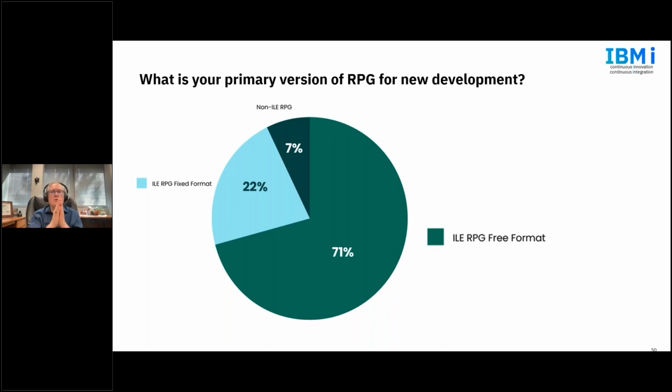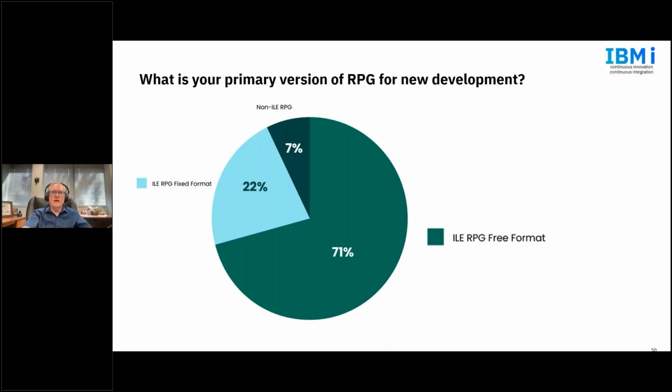So if we're going to help customers hire people and use ILE RPG free format, we should continue to invest in tools that make that easy. And we have been doing that even before AI. But now we're going to apply AI to it, okay?